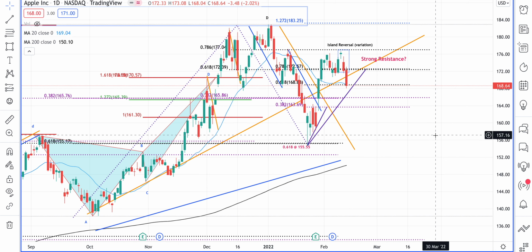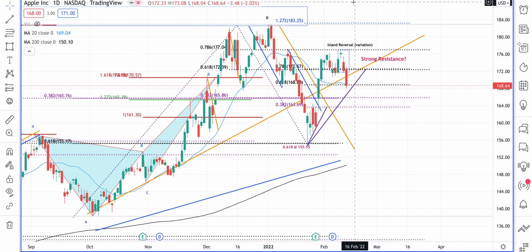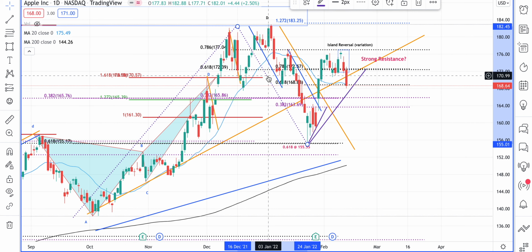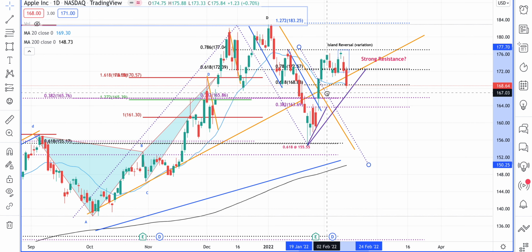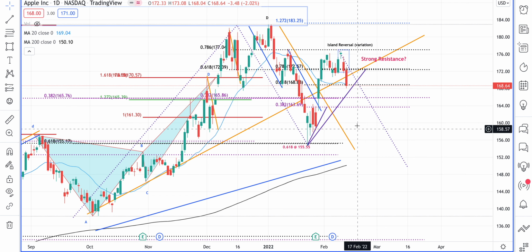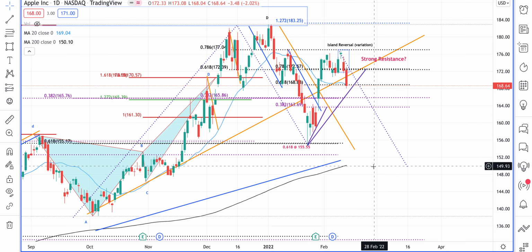And what appears to be the case is that it looks like Apple stock is going into an ABCD formation here, and we could be looking at least at a retest of the lows, perhaps even the lows being taken out, and reaching about $155, which is around the 200-day moving average.